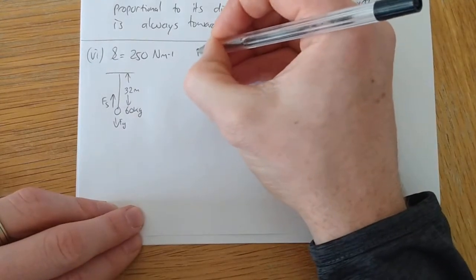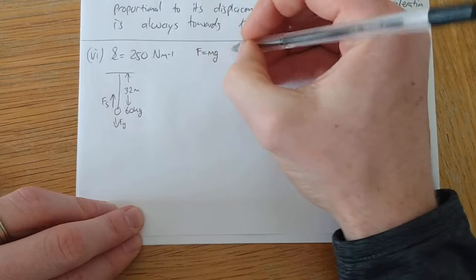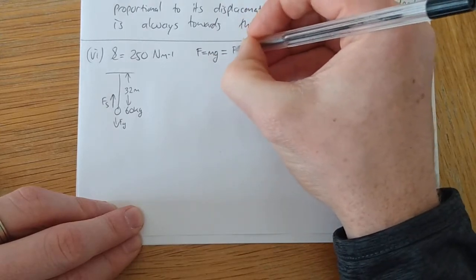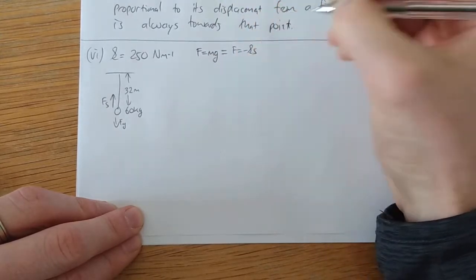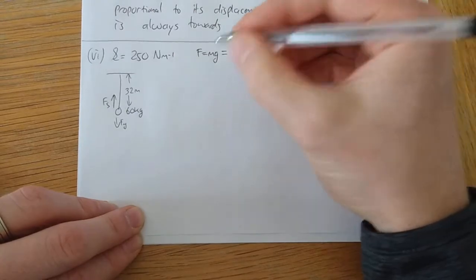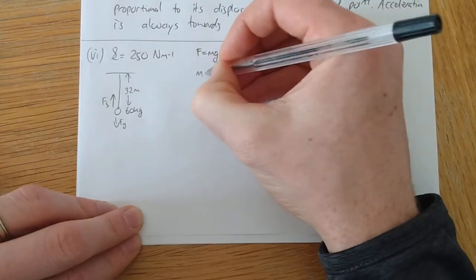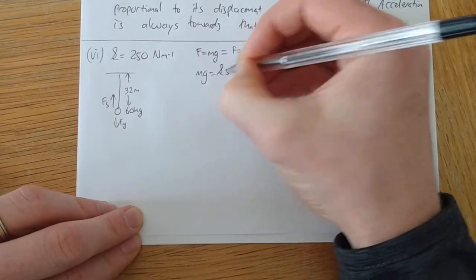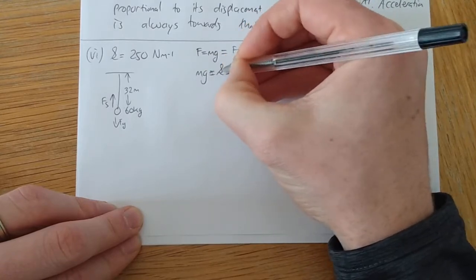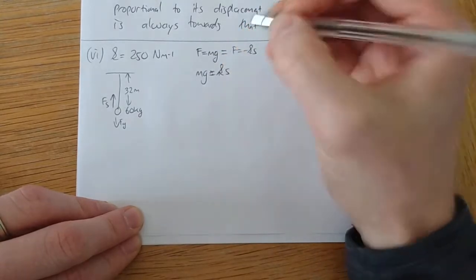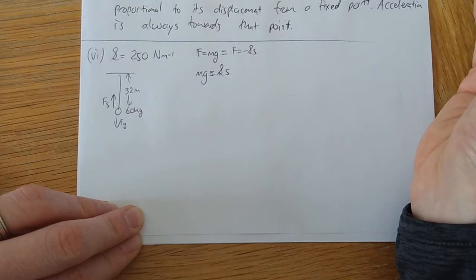So F equals mg is going to be equal to F equals minus ks, right? The restoring force is going to be equal to the gravitational force. So mg is equal to, let's forget the minus. The minus isn't important right now because I'm just balancing out numbers, not direction.